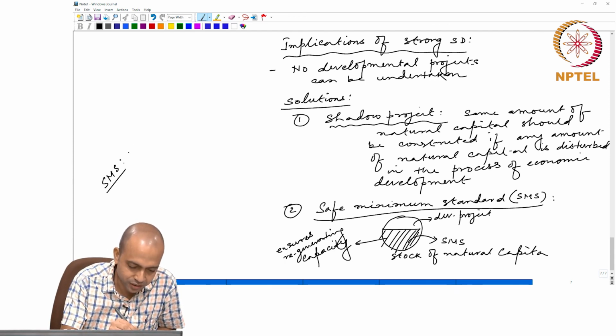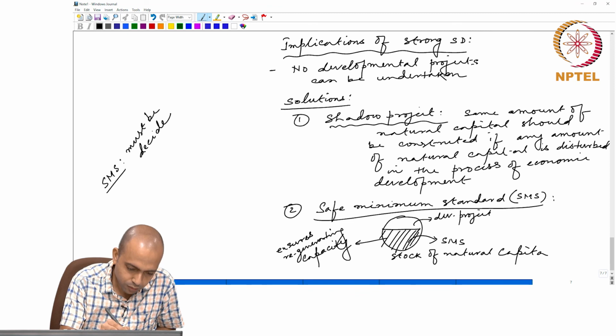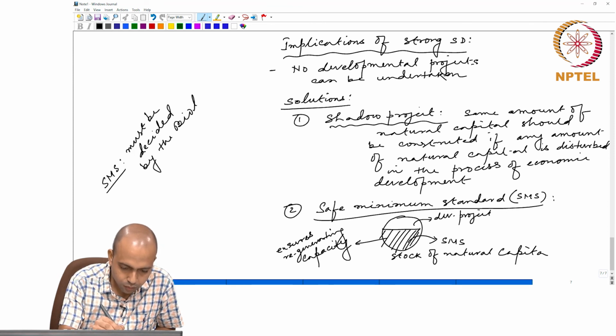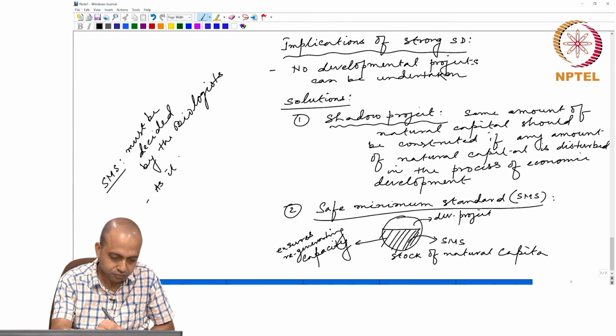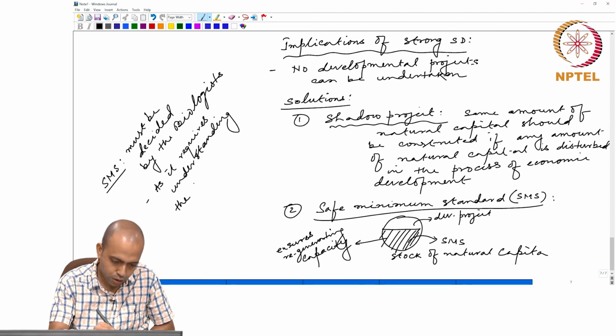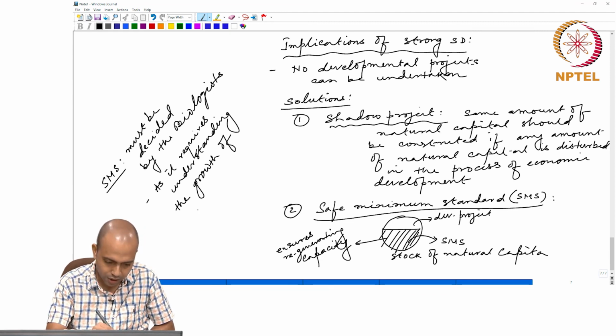The safe minimum standard must be decided by the biologist, because it requires understanding the growth of natural capital.